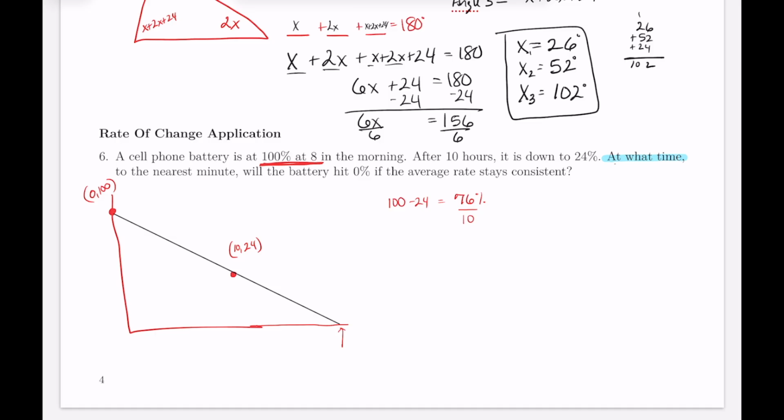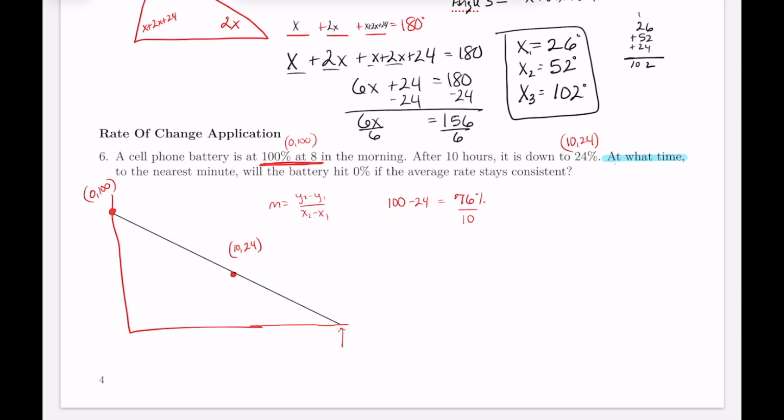Now, if you're using what's called the slope formula, there's a thing that we can do that looks like this, where we'd say y2 minus y1 over x2 minus x1. And if we want to do it this way, that's no problem. Because our ordered pairs are 10, 24, and 0, 100.